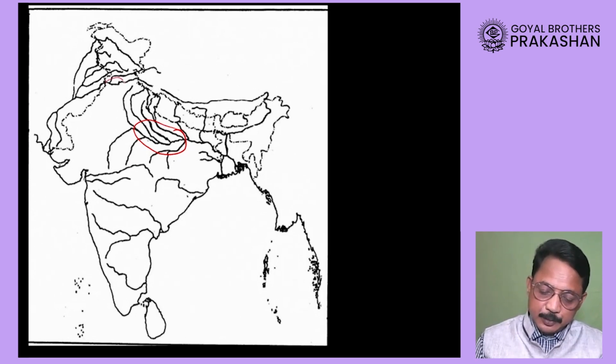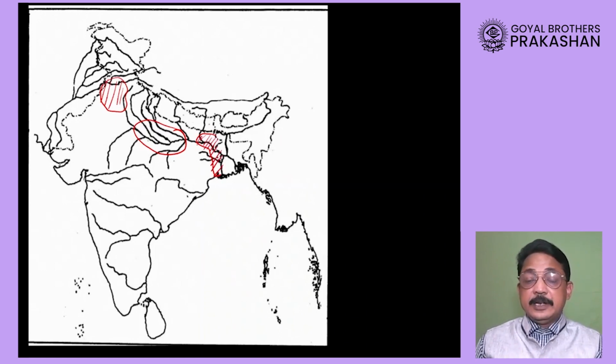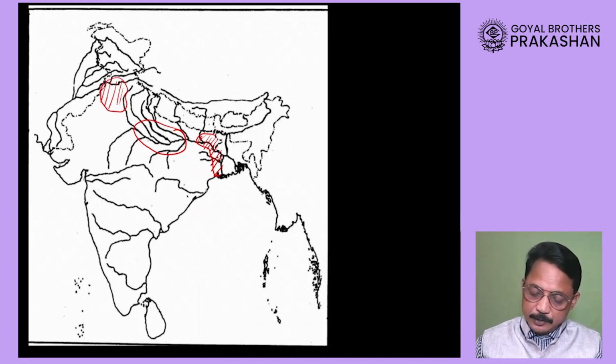Northwestern part, you will be showing over here, Punjab and Haryana part. Eastern India, so you will be showing it over here, alluvial soil. If the question is asked, show the deltaic alluvial soil. So here at a delta of river Mahanadi, delta of both Godavari and Krishna river, and delta of Kaveri.